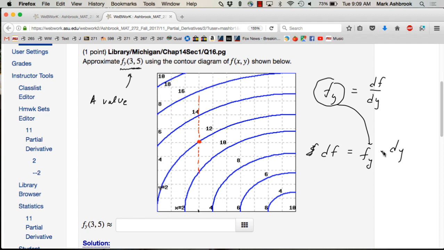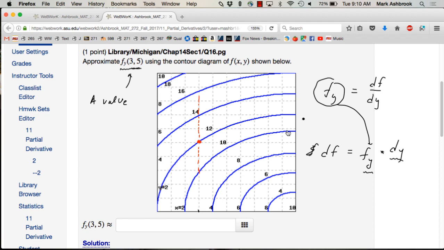That's our meaning for rate of change. Given a little change in your independent variable, the change in the dependent variable, which is f or z, dz, you could say, is that rate times whatever little change you picked. Therefore, the rate of change with respect to y is the change in z, or the change in f, over the change in y. So we're going to use the chart to give us a change in z and a change in y.